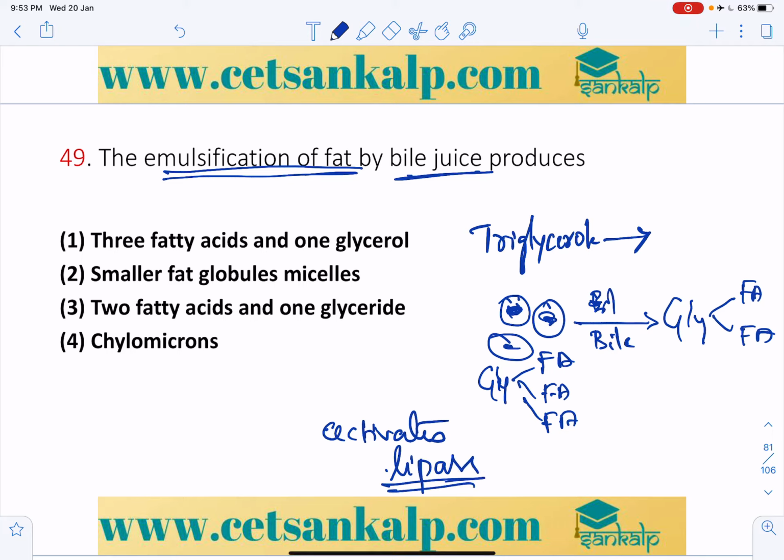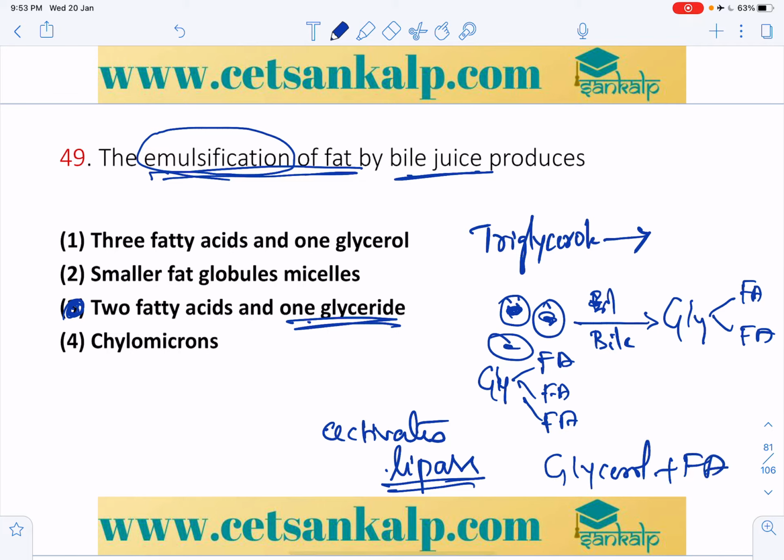That is a major role. So for the 9th question, 2 fatty acids and 1 glyceride are produced because of the emulsification, not because of the lipase. Lipase gives glycerol and fatty acid as the end product. Because of the bile salt involved in the emulsification, glycerol and 2 fatty acids are produced. Clear?